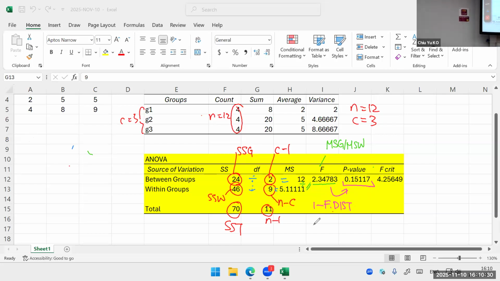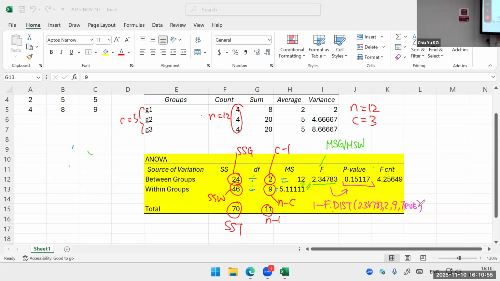So right tail test, 1 minus F of 2.34783, and then the degrees of freedom are 2 and 9. Because the F gives the left-hand side, the 1 minus is the right-hand side.